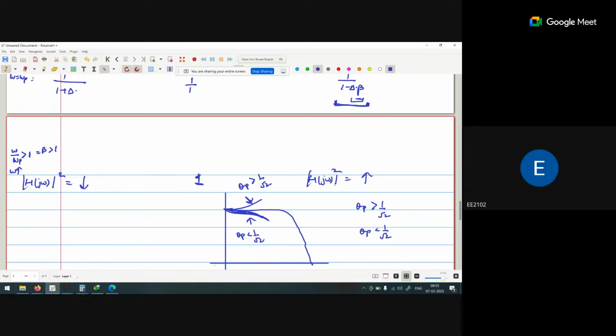Now, if it is increasing or decreasing, in your mind there is a doubt that then it is not a low pass filter. No, exactly, it is a low pass filter. So what will happen? It will initially start increasing. Then when it goes to the cutoff frequency, the response will be like this.